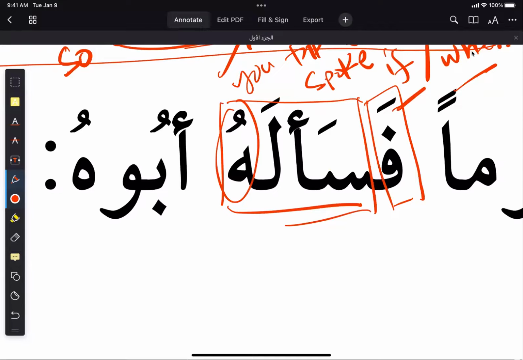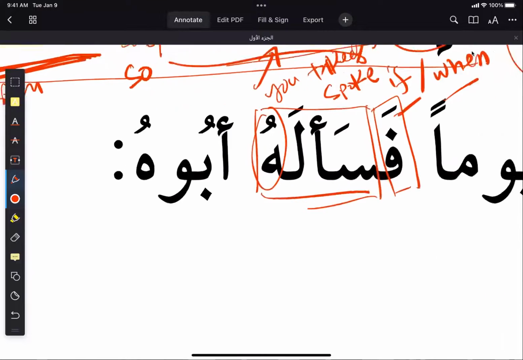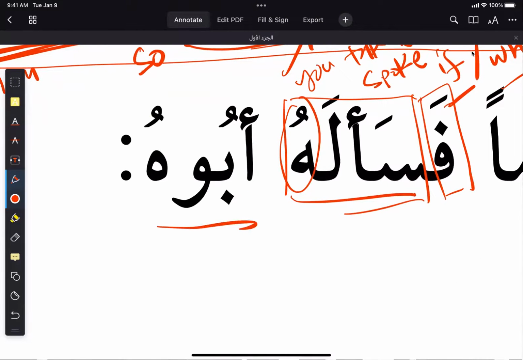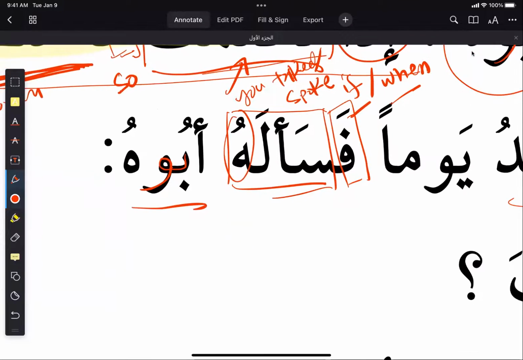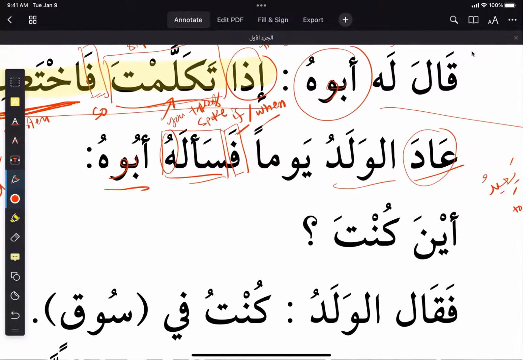So sa'alahu. So sa'alahu abuhu, who asked? His father. Again, this wow, okay, it's the father. Wow, because it is the subject. So how would we translate? Ada al-waladu yawman fasa'alahu abuhu.